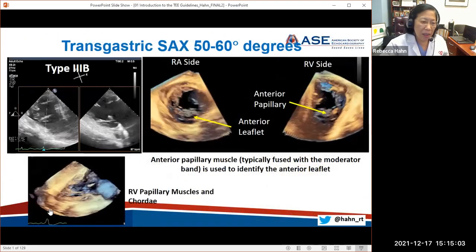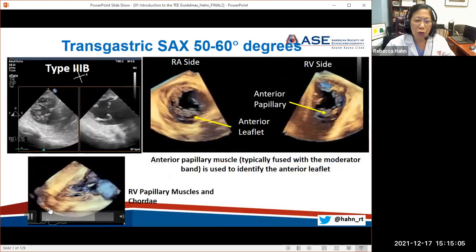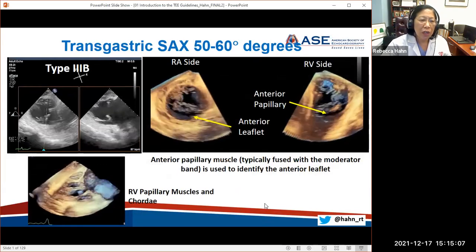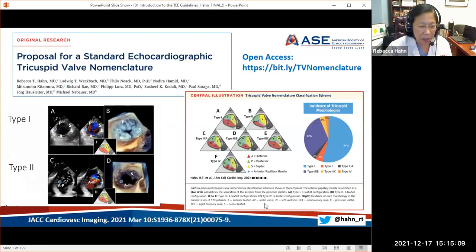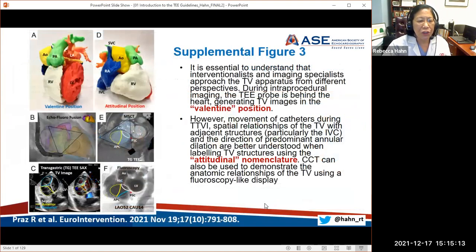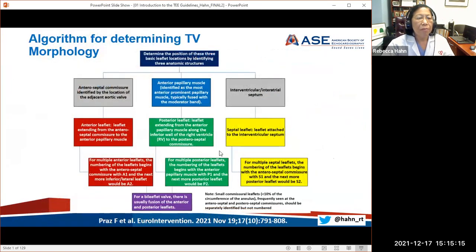From the transgastric views, you can also see the papillary muscles, and this is where we designed the nomenclature. So the nomenclature is based on identifying the anteroseptal commissure, the anterior papillary muscle, and the interventricular septum. So the anteroseptal commissure is always adjacent to the aortic root.